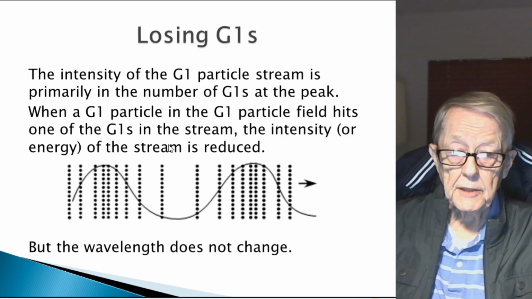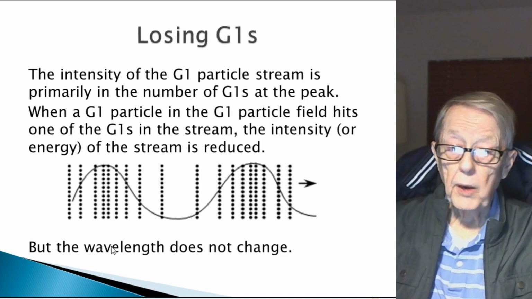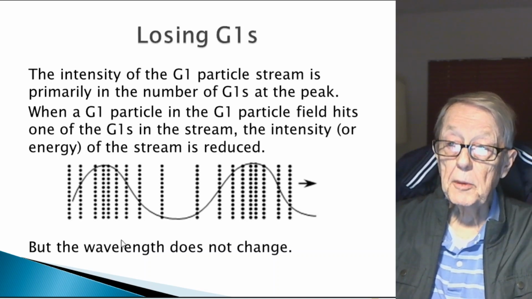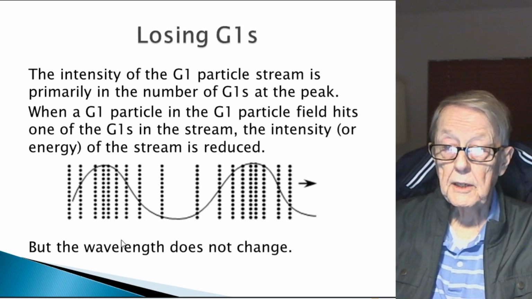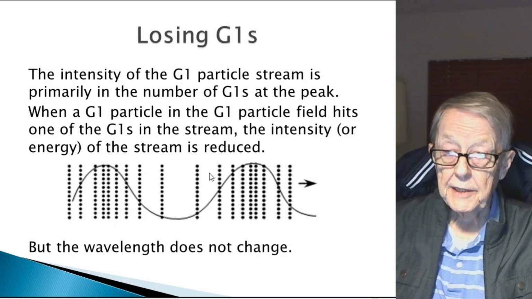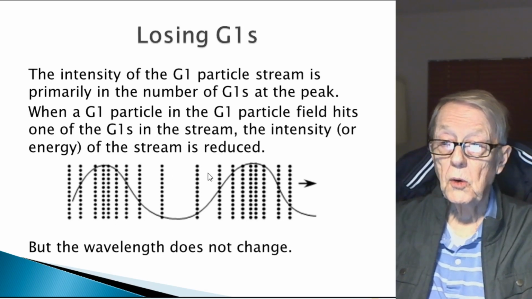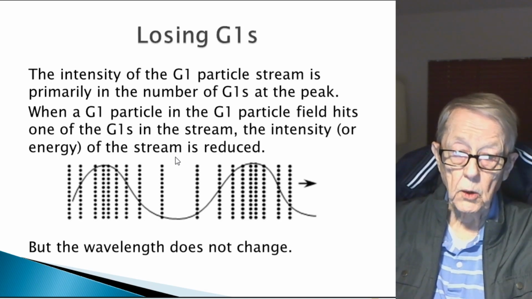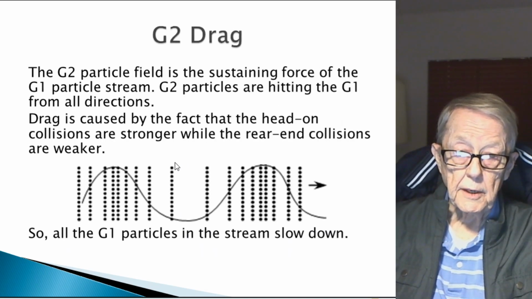I call it intensity, but it could be considered energy. But in this case, the wavelength doesn't change. So it isn't following Planck's constant at all. In the case of the particle model, Planck's equation does not apply, because you can get a reduction in intensity this way, but you don't get a change in wavelength. No redshift, no blue shift.